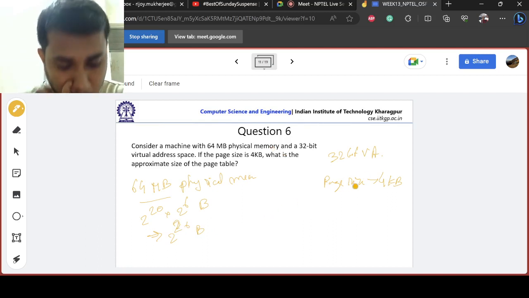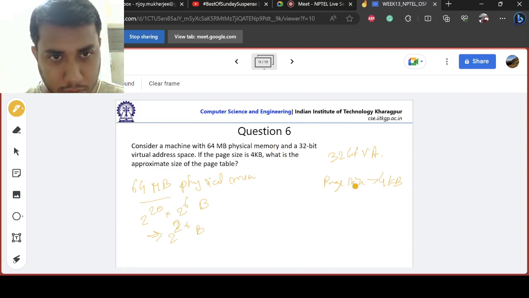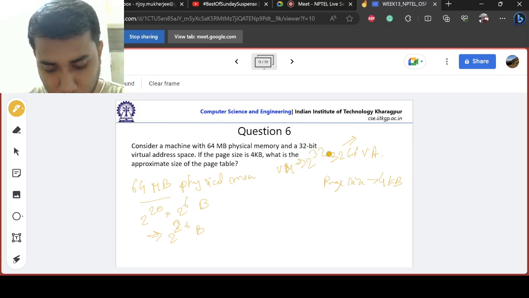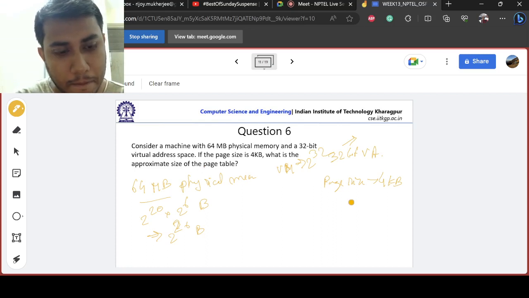Your page size is 4 KB, that means 2 to the power of 12 bytes, right? Virtual addresses are 32-bit, so the virtual memory size is 2 to the power of 32.